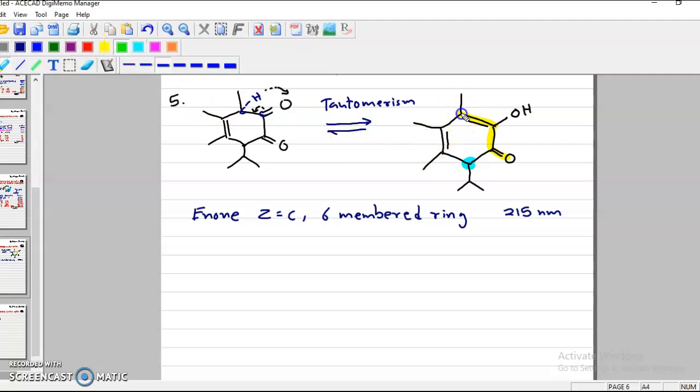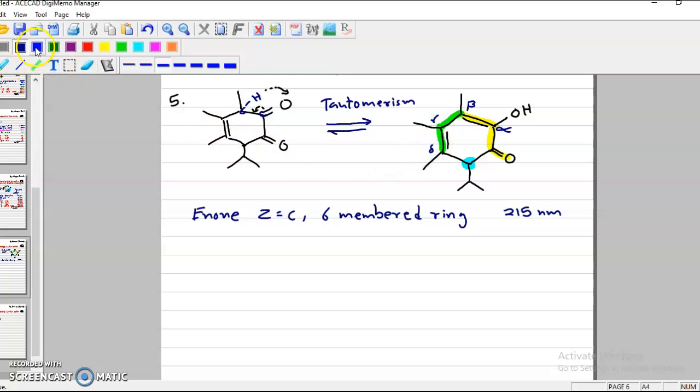Yes. Why? Because there is a single bond carbon and then C double bond C, so we can extend this system up to this carbon. Next we will label each carbon. So this one is alpha carbon, next is beta carbon, then gamma carbon and delta carbon.